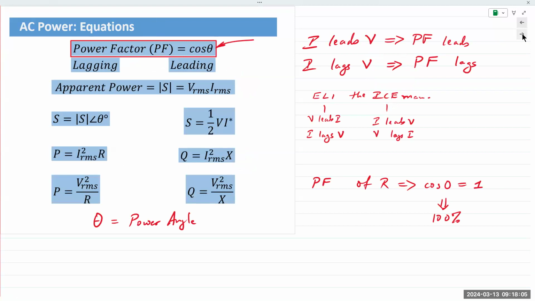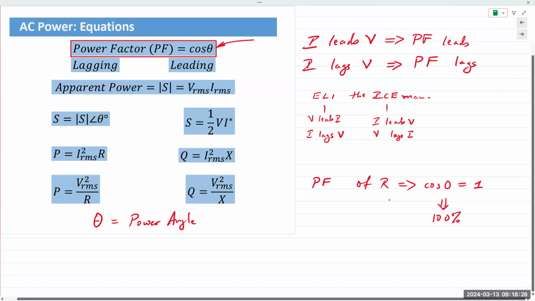They would contact the customer and say, you need to bring your power factor up above 90% or 85%, depending on your installation. So let's say bring your power factor up above 85%, otherwise we will not supply electricity.